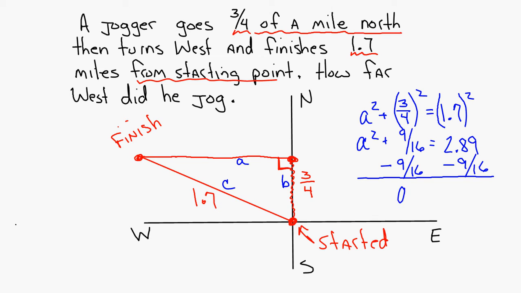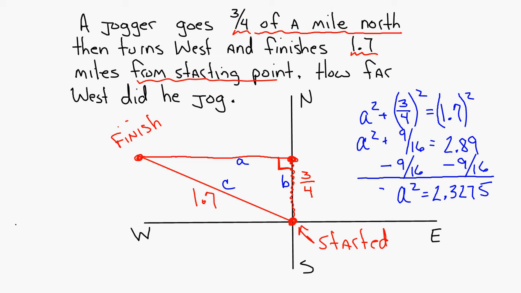So A squared is equal to, the 2.89 is still sitting in there. If you push minus 9 fraction button 16 and hit equals, you get 2.3275. Leave that last number in your calculator.